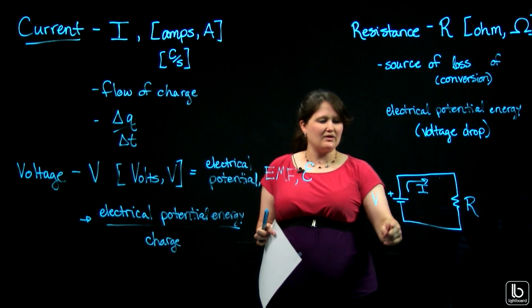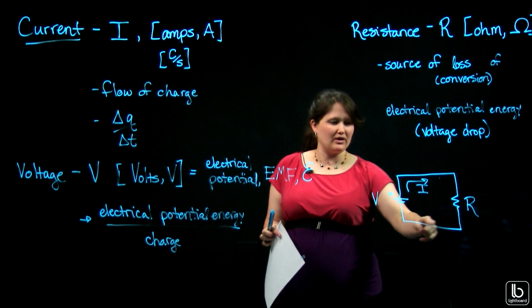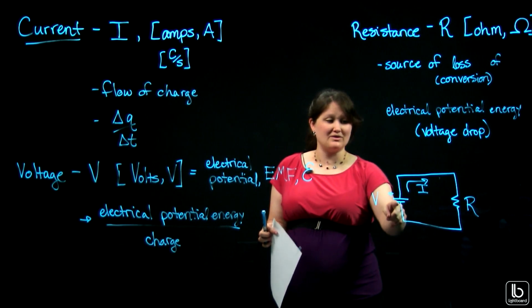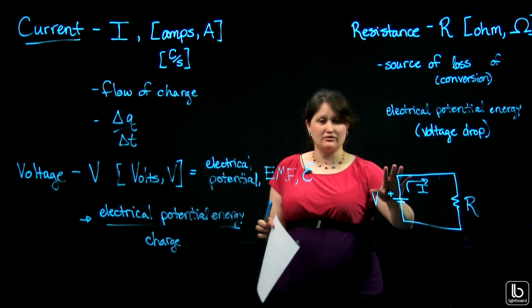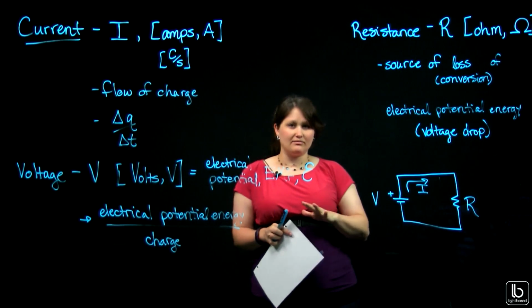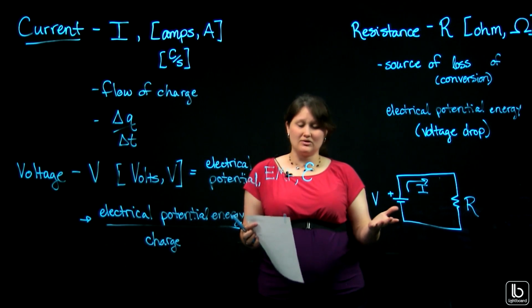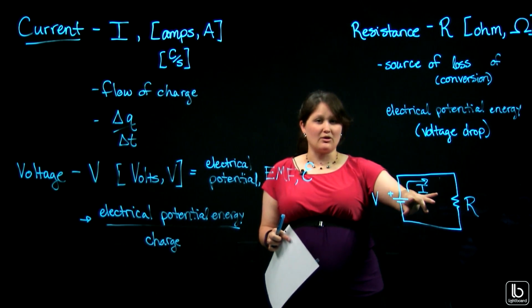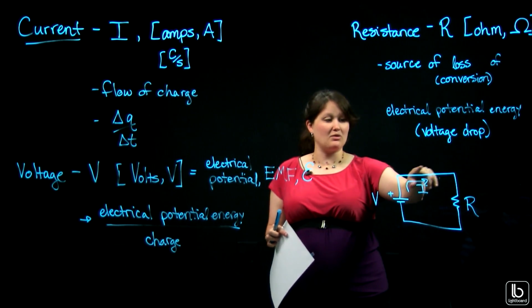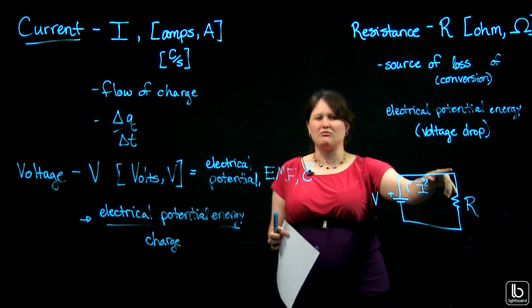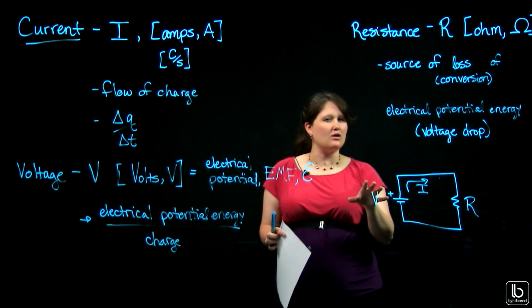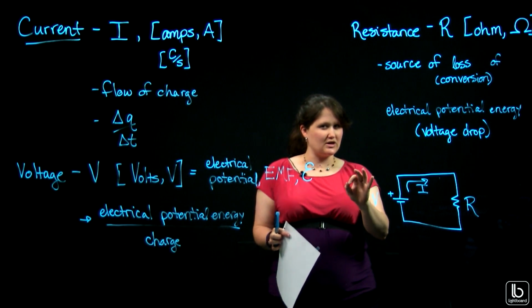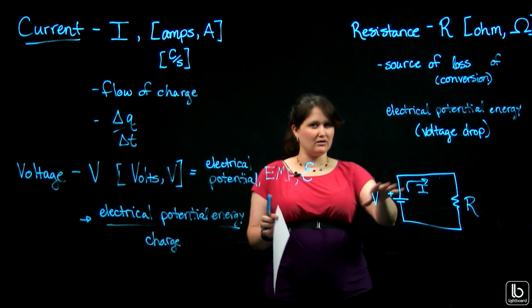And so in reality, electrons are flowing from the negative side to the positive. But because of our convention that we're kind of stuck with, we always talk about current as flowing from positive to negative. We're talking about the flow of positive charge, even though we know that the protons are stuck and the electrons are what's moving in a solid wire.